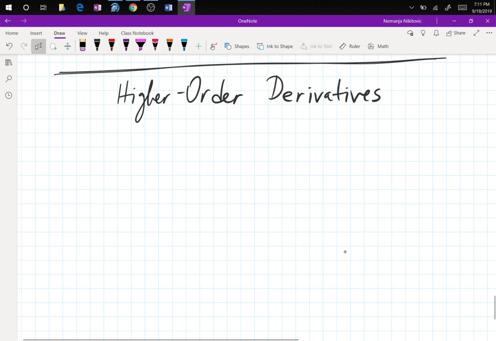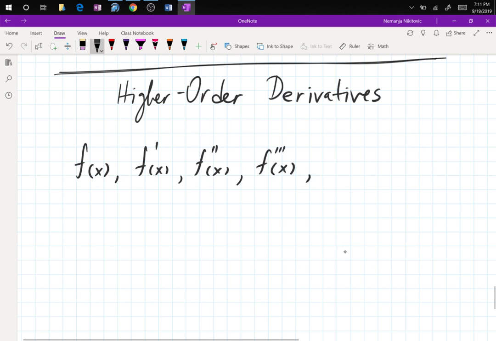The notation for these derivatives is going to be, in the beginning, you have f of x, then you have f prime of x, then f double prime of x for the second derivative, then f triple prime of x, and then finally the 4 in parentheses, like that, f of x.